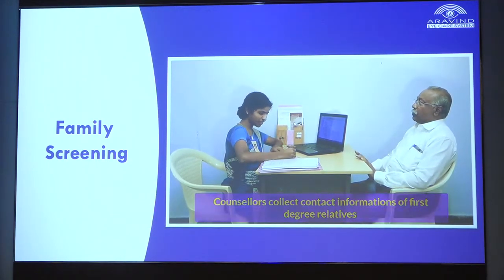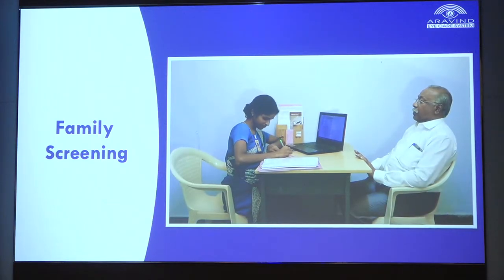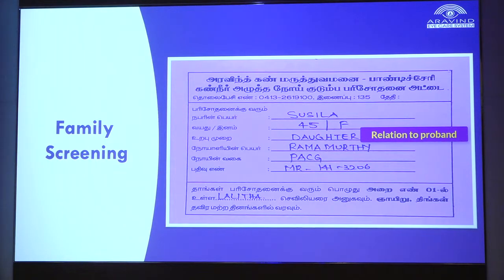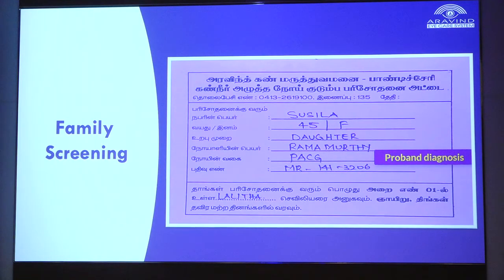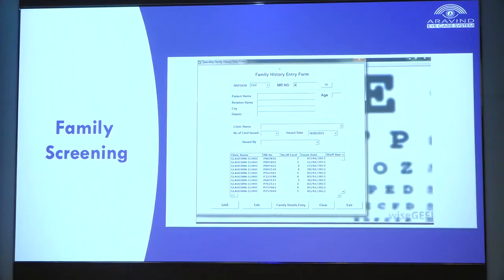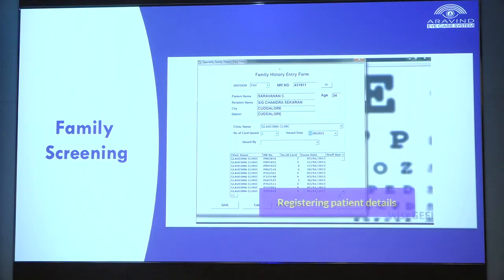We put an additional counselor to do this job. And we used to give a sibling screening card to the proband. We write a sibling's name, and then we ask them to just pass this card to the sibling whenever they meet them or their children, and then we enter into the program and we start tracking them, reminding them.